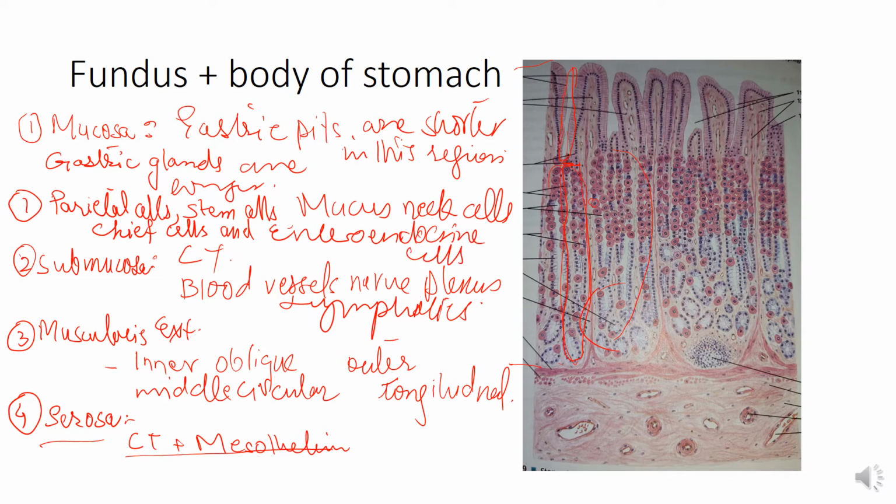So these are the 5 types of cells present in the gastric glands. These are the features of the fundus plus body part of the stomach.